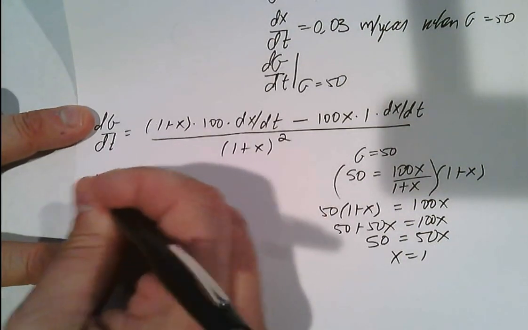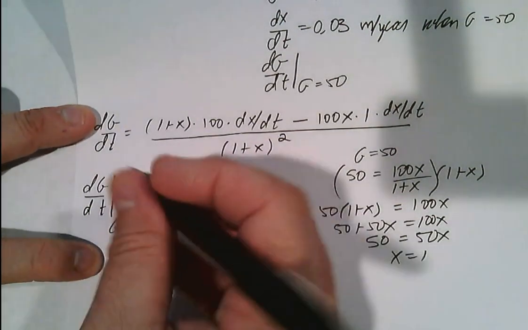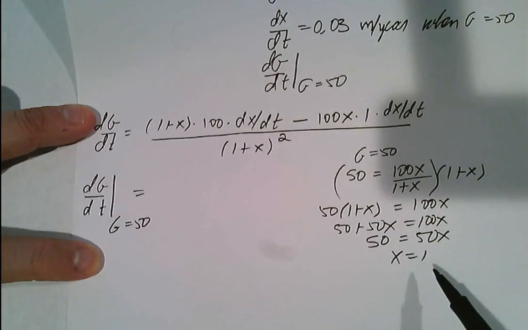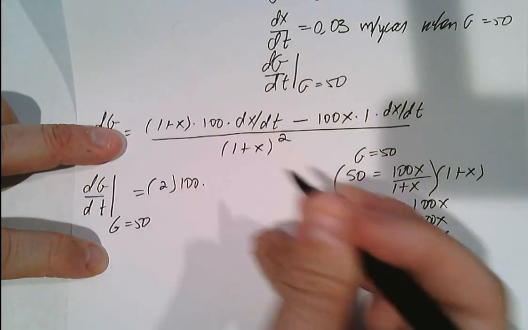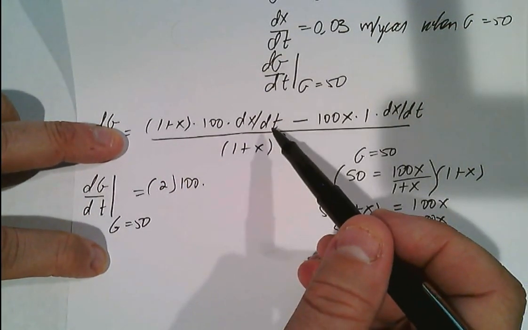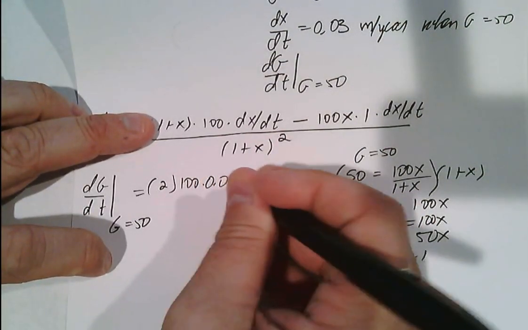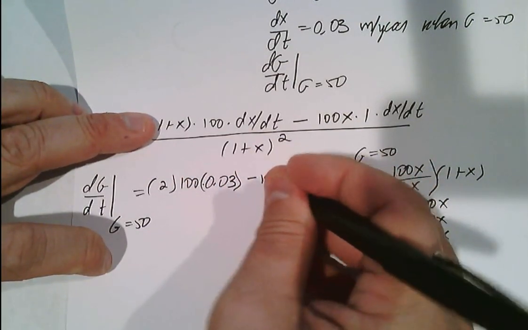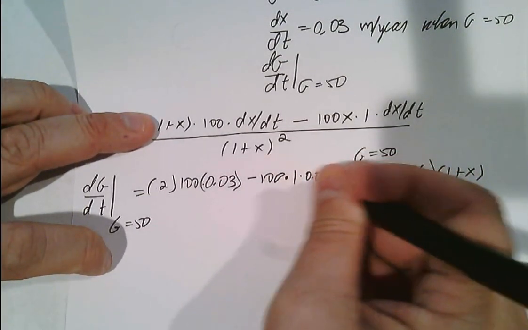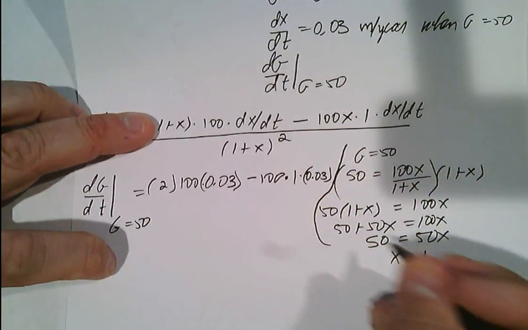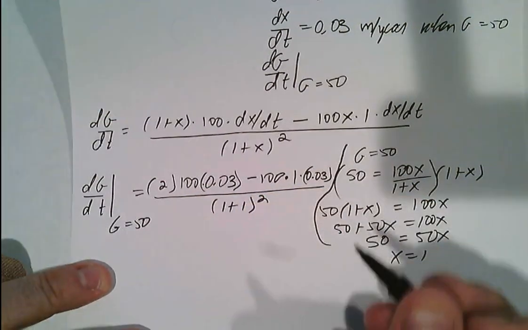So if I want to know what is dg/dt when the height of the tree is equal to 50 meters, everywhere I have an x, I'm going to replace it with 1. So we're going to get 1 plus 1, which is 2, times 100 dx/dt, at the time when the height of the tree is 50 meters, is 0.03, minus 100 times x is equal to 1, times dx/dt 0.03, divided by 1 plus 1 squared.